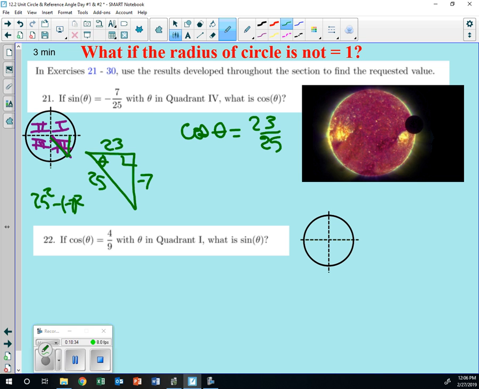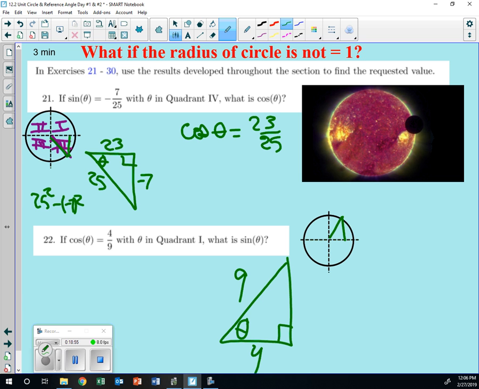Let's try the next one. If the cosine of theta is 4/9 in quadrant 1, well, quadrant 1, you make a line here. Never go to the y-axis, always go down. So here's the triangle that we're going to make, theta. Then write what it says. Cosine is 4/9.